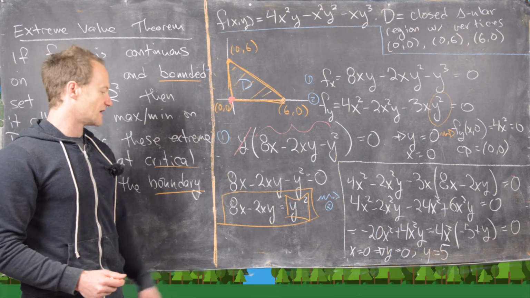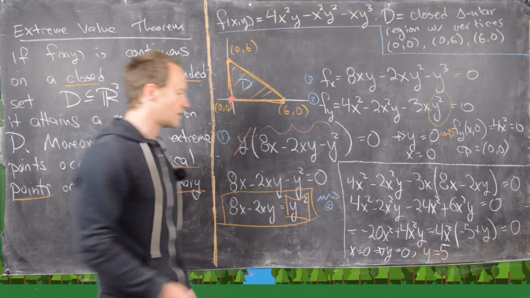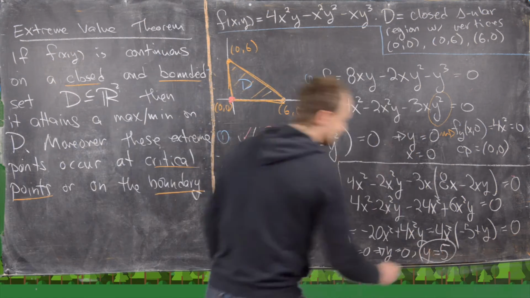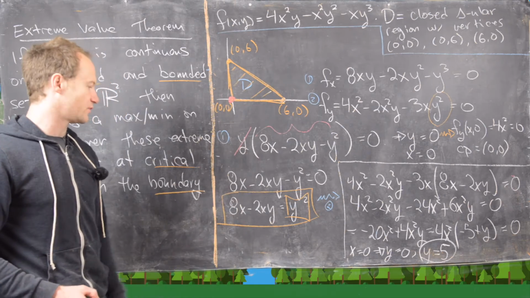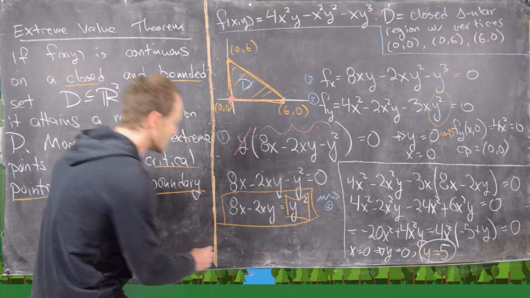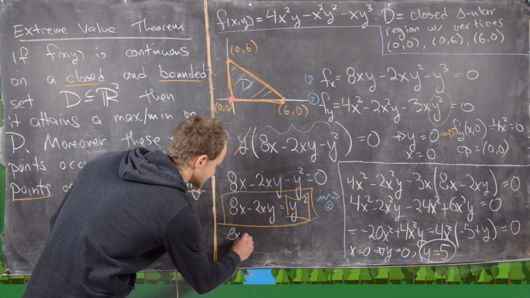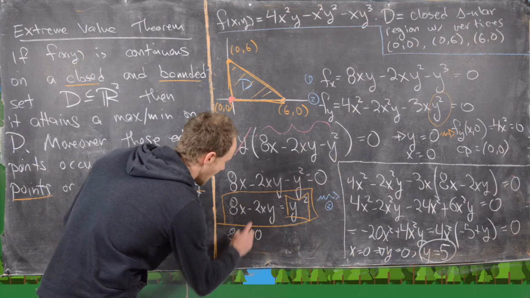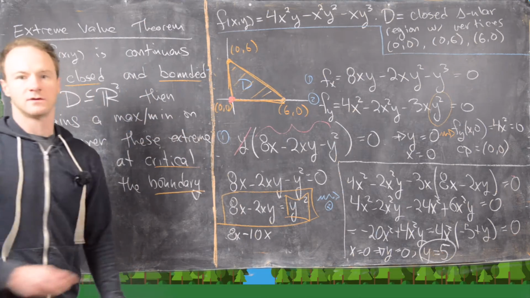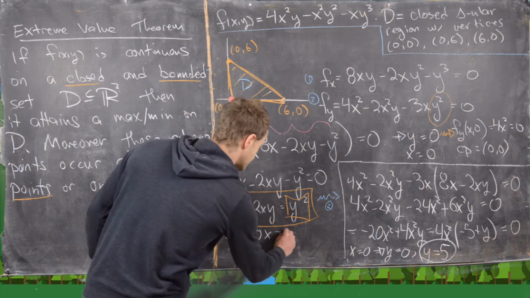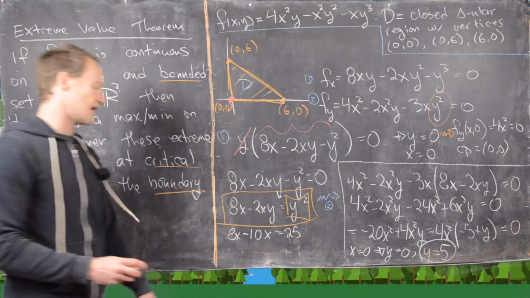Okay, so now let's see what happens if y equals 5. Let's take this value of y equals 5 and plug it in here and see what we get. That's going to give us 8x minus 10x, great, equals 25.